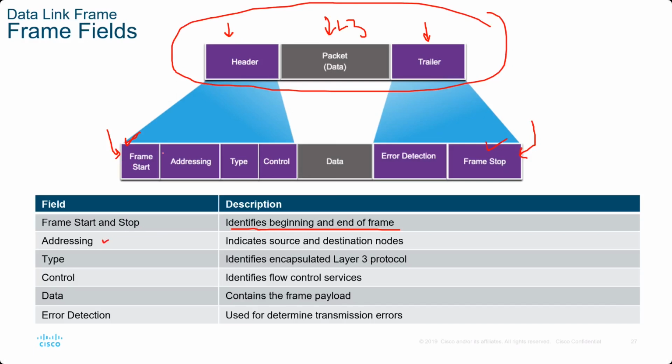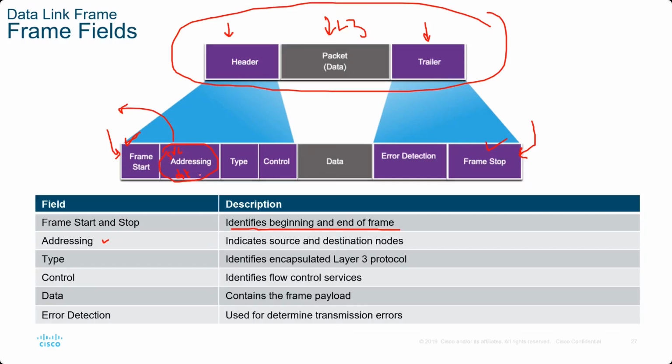We add addressing. This is important. If you don't add addressing, you don't know who is sending the frame to whom. So in the addressing, you must have a source address and a destination address. What do these addresses look like? Depending on what protocol you're running, these addresses could be anything.